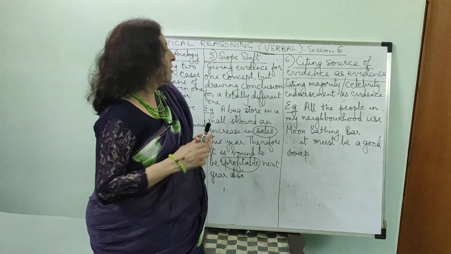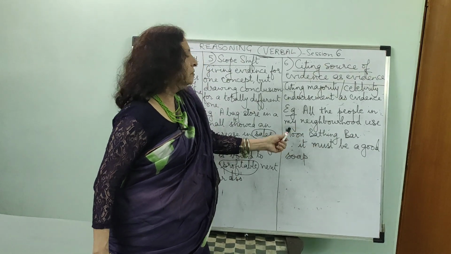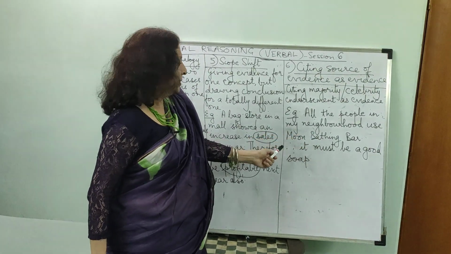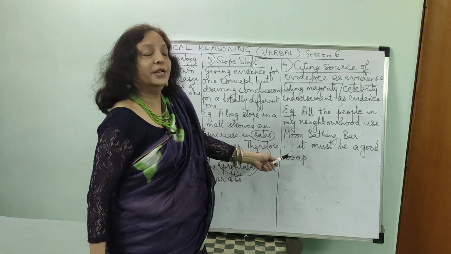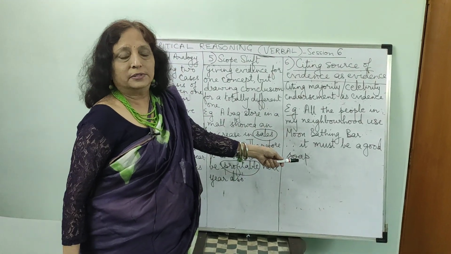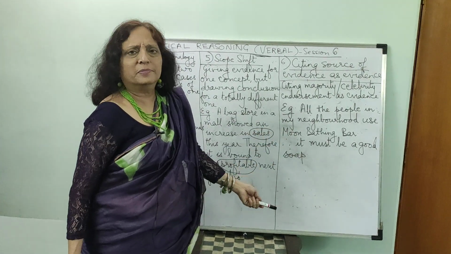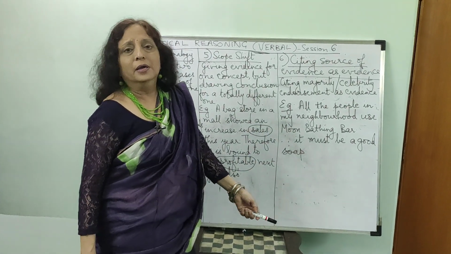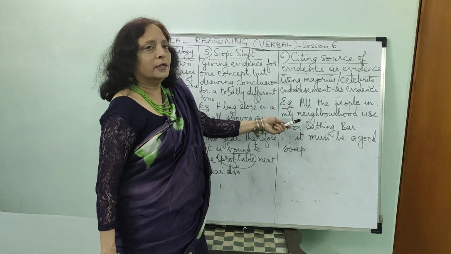For example, all the people in my neighborhood use Moon bathing bar. Therefore, it must be a good soap. Now this is majority given as evidence. They are using the soap maybe not because it is good, but for some other reason. Maybe it is the cheapest one, maybe it's the only one available. So we cannot say that because all are using it, the soap is good.